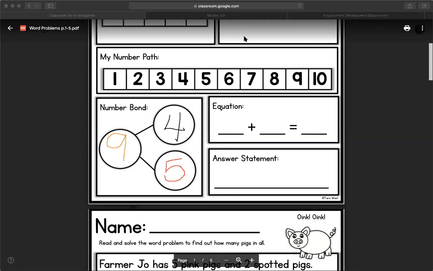So with that being said, you are going to put 4 as your first number, because in the word problem, it stated that there were 4 red fishes and 5 more fishes were added, which then gives me 9. Then our answer statement would just be 9.